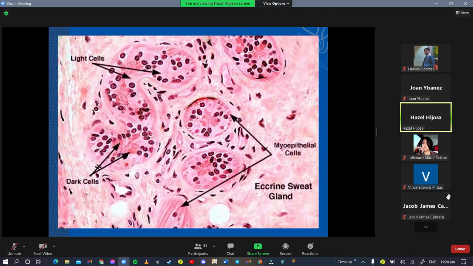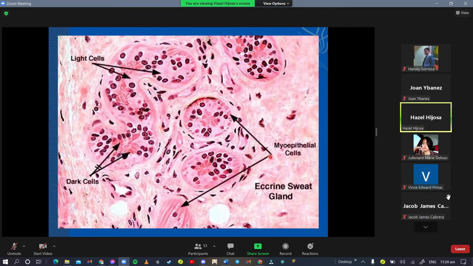Located at the basal part of the secretory segments are the myoepithelial cells. These contain the contractile filament actin. Therefore, when they contract, this is for the rapid expression of the sweat from the gland.